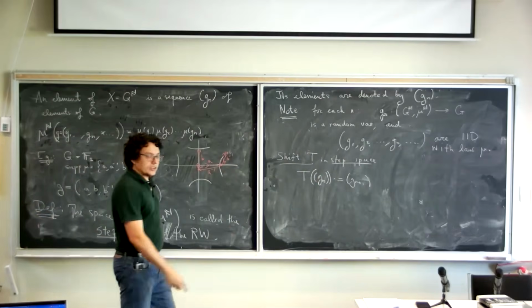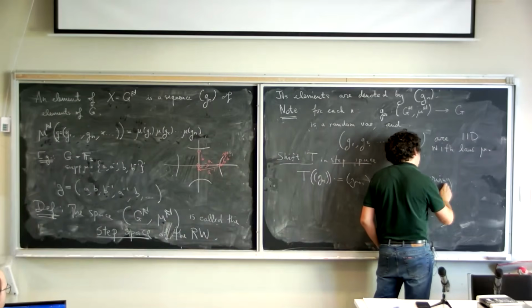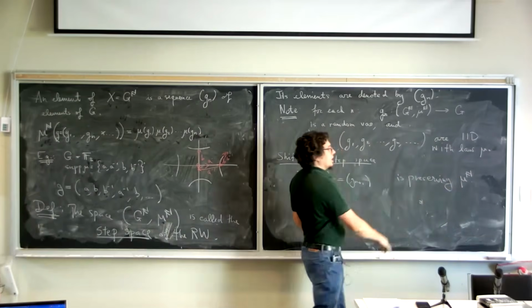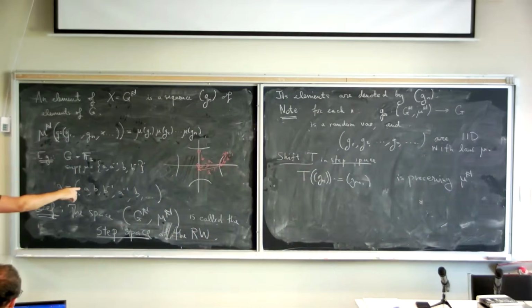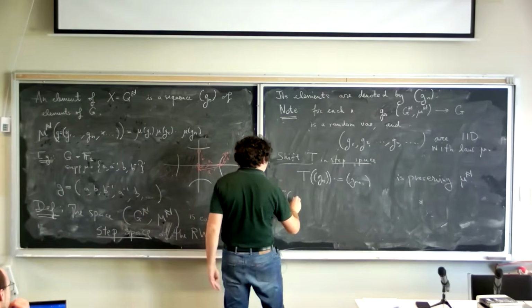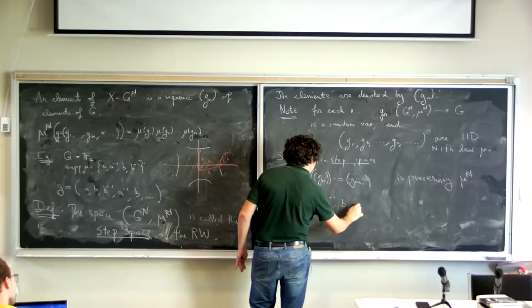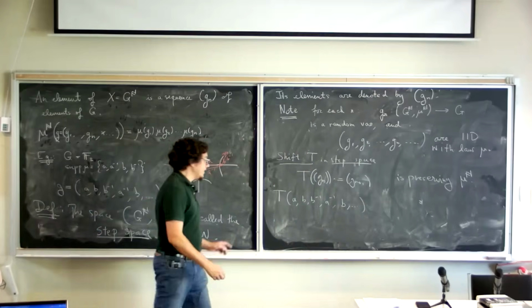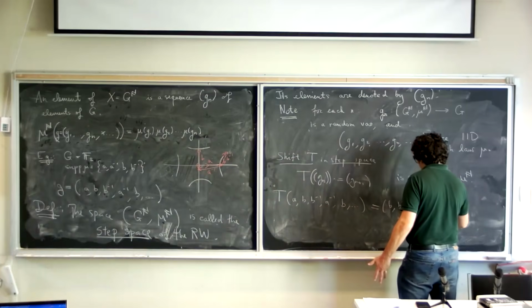This one is also, of course, preserving this infinite product measure, precisely because this is a product measure, by definition. What does the shift do geometrically, though? It's a bit annoying to look at geometrically. If you do T of A, B, B inverse, A inverse, B, you forget the first step and apply the second step as if it was the first one.